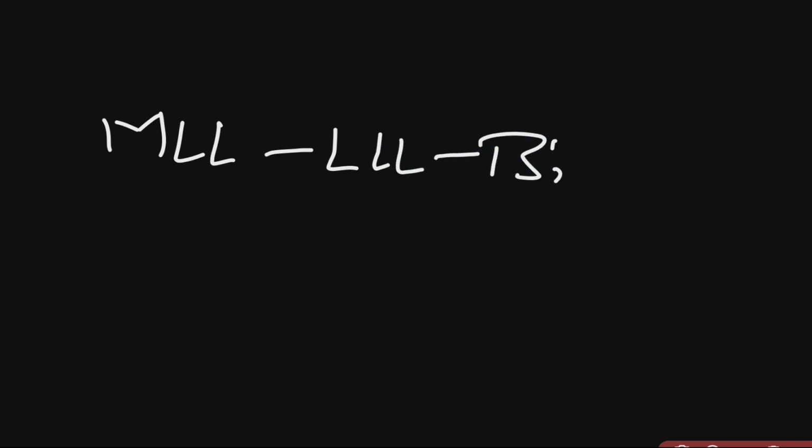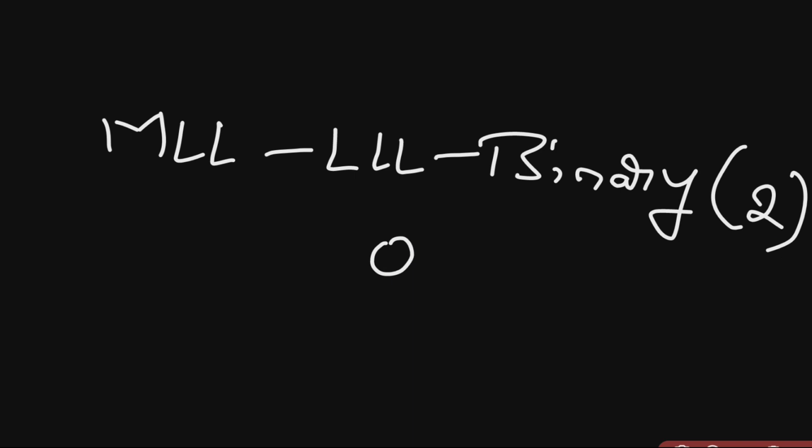Okay, let's understand briefly machine level language. It is also called as low level language. It is also called as binary language. Binary is nothing but it takes only 2 digits, that is zeros and ones. If you consider English, we have A to Z alphabets.